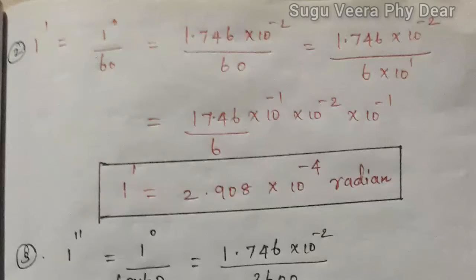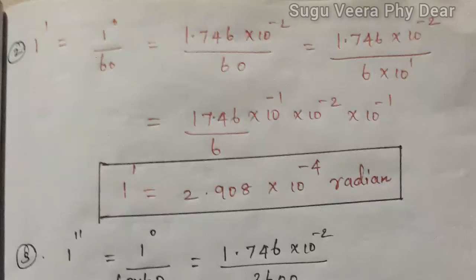And the second point, 1 minute is equal to 1 degree divided by 60. It's equal to 1.746 into 10 to the power of minus 2 divided by 60. Rearranging the denominator 6 into 10 to the power of 1 and the numerator 17.46 into 10 to the power of minus 3, the denominator's 10 to the power of 1 moves to the numerator, so we get 10 to the power of minus 4.